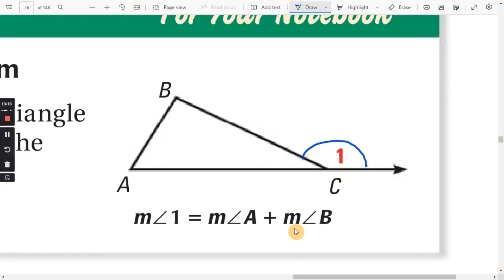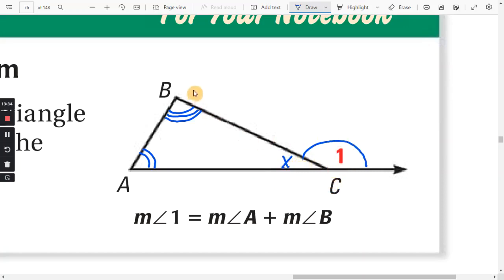And the two interior angles that are non-adjacent to angle 1 are going to be angle A and angle B. You can't use angle C. You cannot use angle C because angle C is next to, or adjacent to, angle 1.